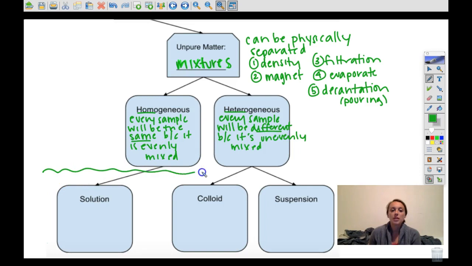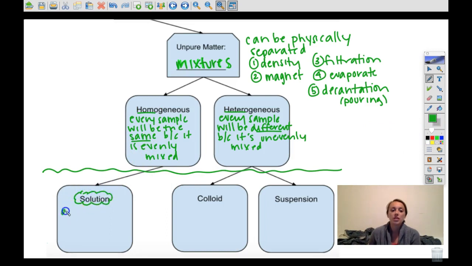So at this point is where IB stops. But I believe that knowing the subcategories of homogeneous and heterogeneous mixtures will help you be better consumers, better scientists, and overall better people. So a homogeneous mixture is synonymous with the word solution.